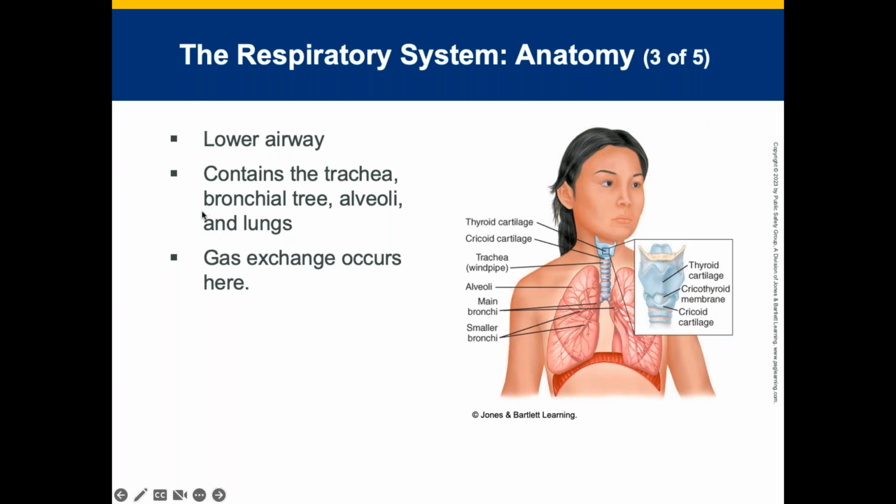So surfactant. If we have a lack of surfactant, what happens to the alveoli? Because gas exchange cannot happen if the alveoli don't have surfactant, and then it causes them to collapse.